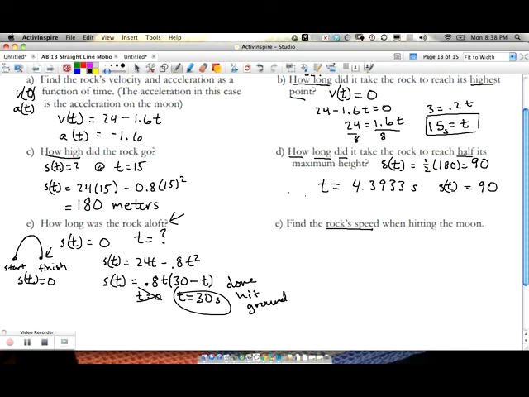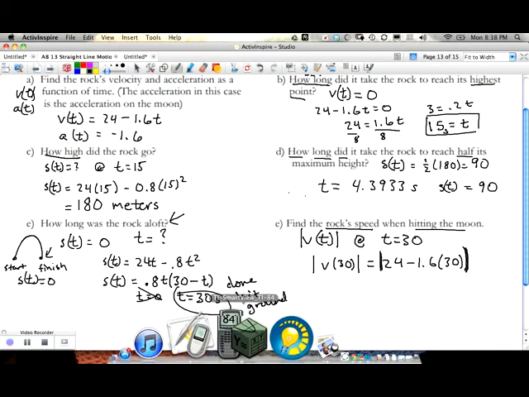So what was the rock's speed when hitting that surface? In other words, what is the absolute value of v of t, because we're talking speed, at t equals 30? Okay, let's calculate that. That's going to be the absolute value of v of 30, which in this case is 24 minus 1.6 times 30, and then the absolute value of that.